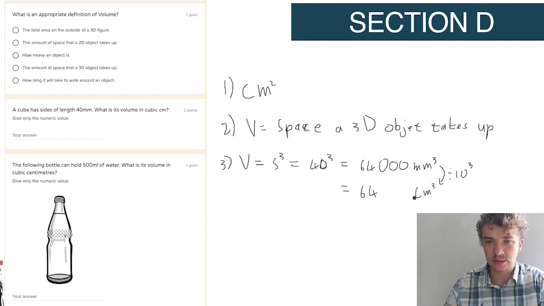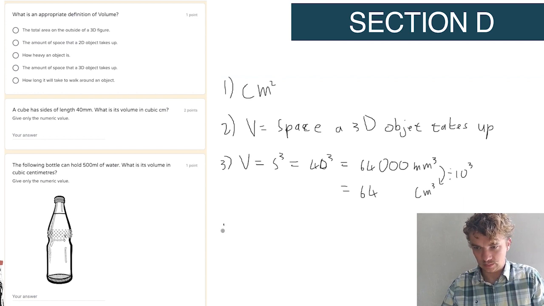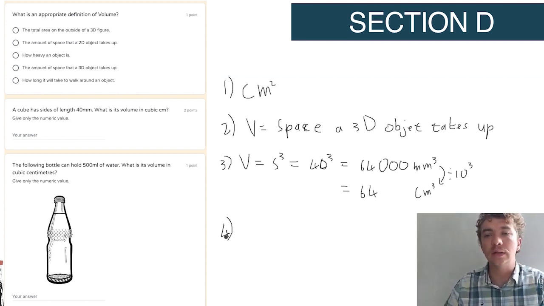In the next question, the following bottle can hold 500 milliliters of water. What is its volume in cubic centimeters? So to answer this question, you need to know that 1 liter is equal to 1,000 cubic centimeters.